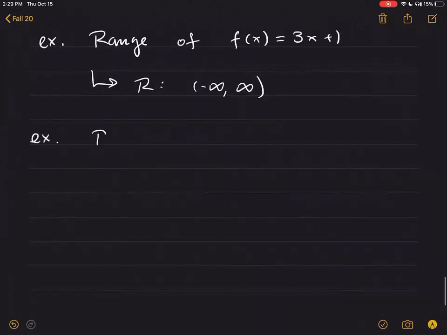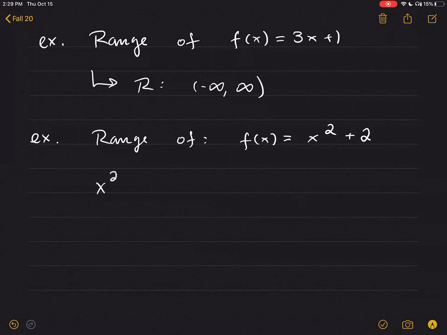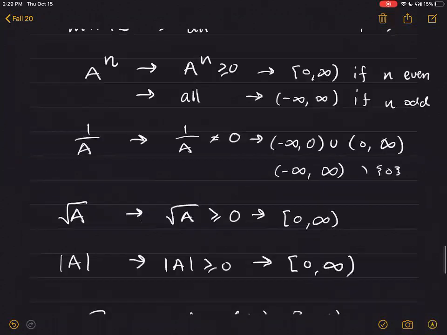Let's look at the range of f of x equals x squared plus 2. So we know that x squared is going to be greater than or equal to 0 for any x we plug in. And that's since 2 is even, right? 2 is an even number, and by our rule up here, that means it has to be greater than or equal to 0.